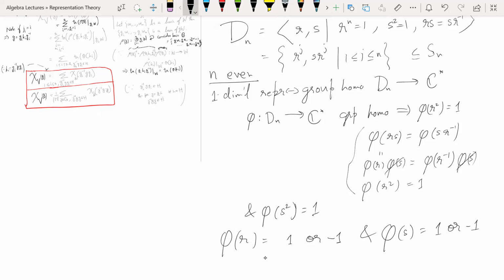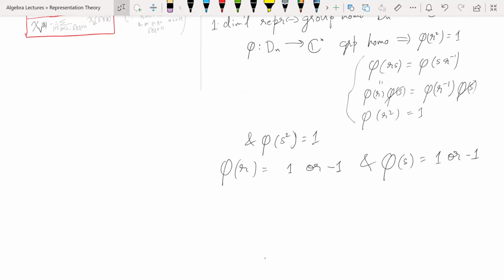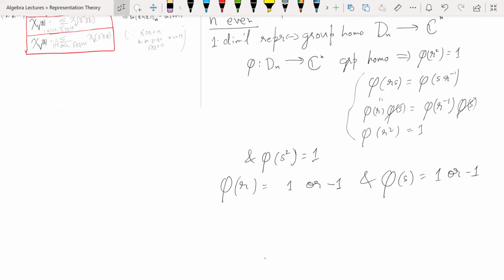So these will give you all the one-dimensional representations, and all these are possible. So if you send both R and S to be 1.